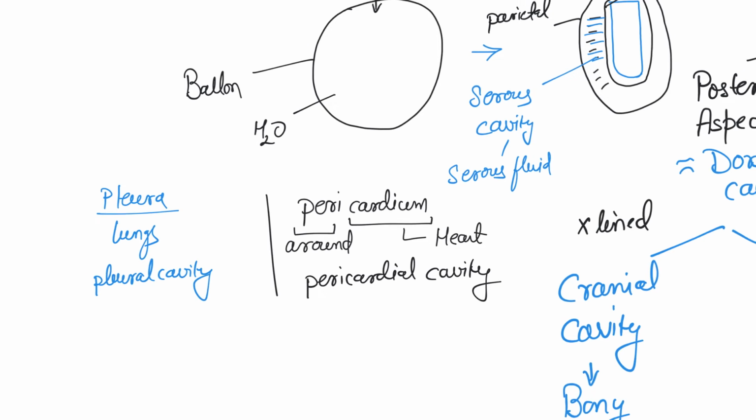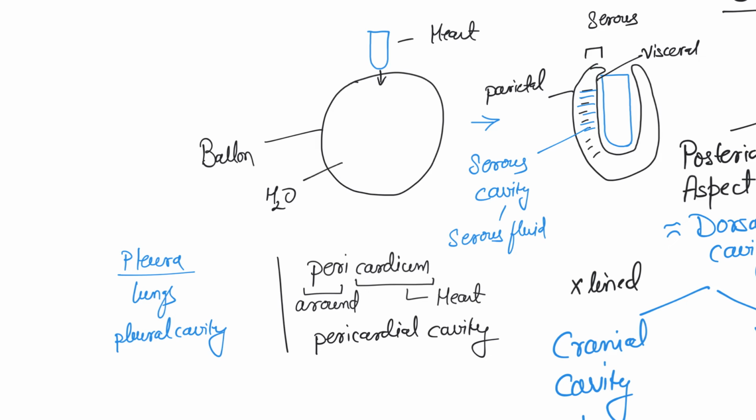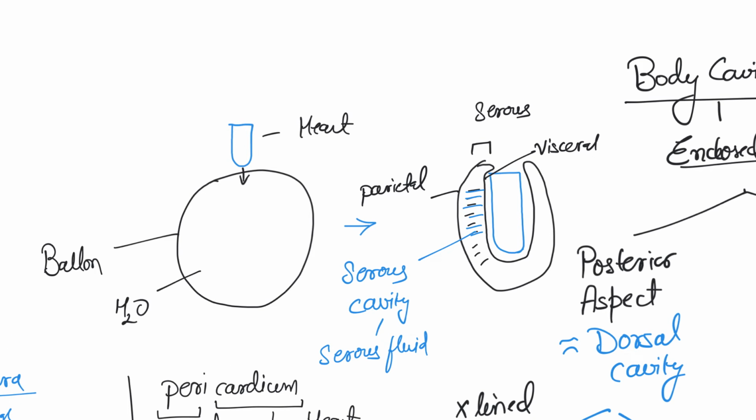So what is a serous membrane? It is nothing but a membrane. That means it will be made up of cells, epithelial cells. Now remember, I hope you do remember from the epithelial lectures, that the serous membranes are made up of epithelium, and this epithelium gets a special name called mesothelium.